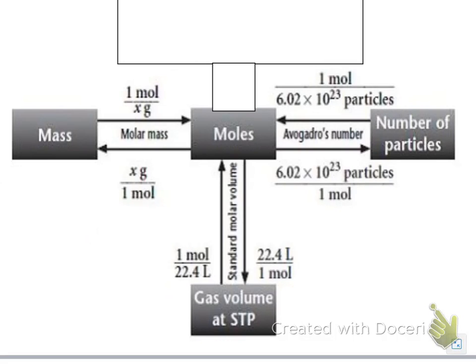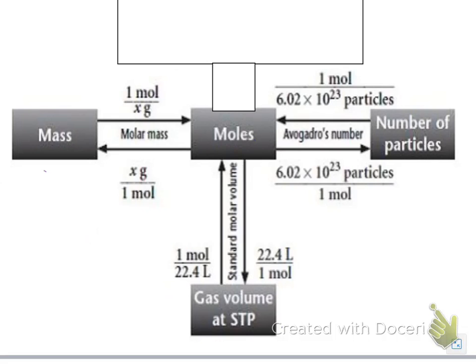We know we can go from mass to moles using molar mass. We know we can go from number of particles to moles using Avogadro's number. If we're at STP, we know we can take the gas volume and convert that to moles using 22.4 liters per mole.